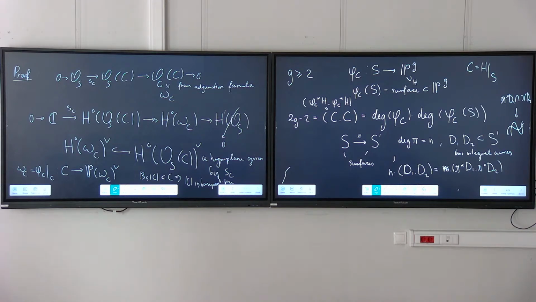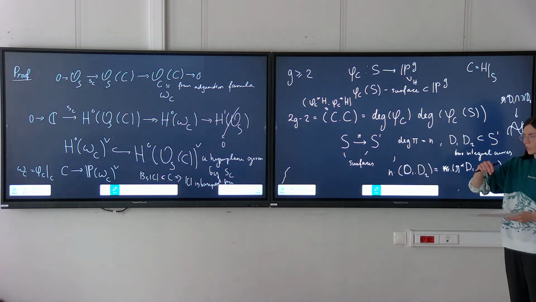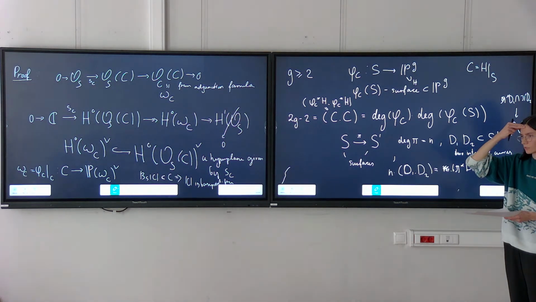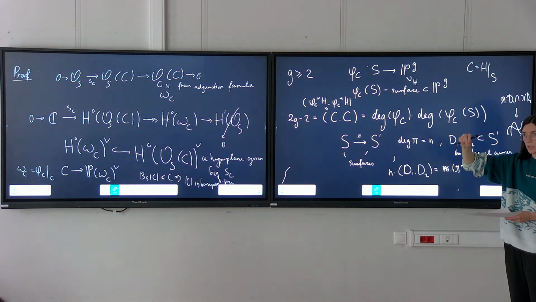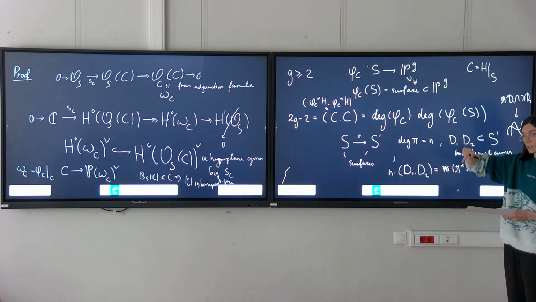But in general, we can deform a divisor in such a way that it will not be effective, and it will still be linearly equivalent to D. We can always move the divisor off some points, right? So we can always find a divisor that is linearly equivalent.